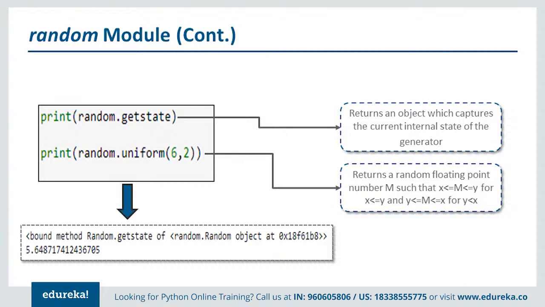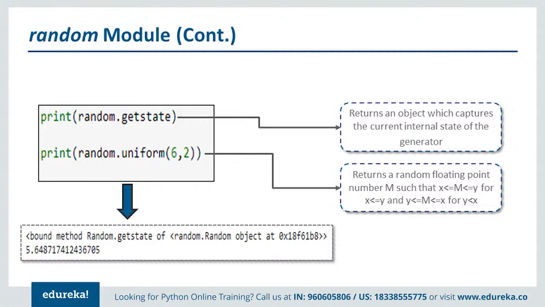Now this will be in the form of an object, and we can simply get it and print it over here. Then we can use the uniform function over here, which returns a random floating point number m, between x and y, where x is 6 and y is considered as 2. So m will be between 6 and 2, and that's what happens over here. So 6 is the upper point, and 2 is the starting point.